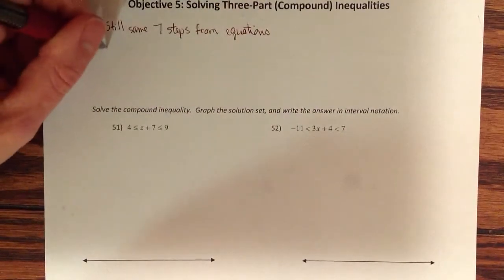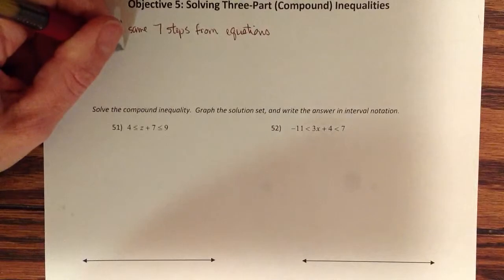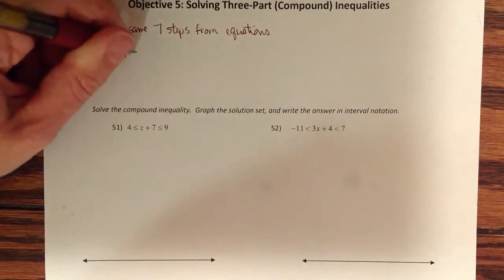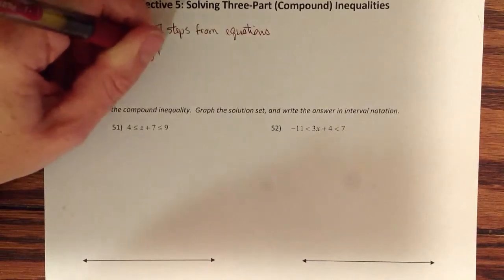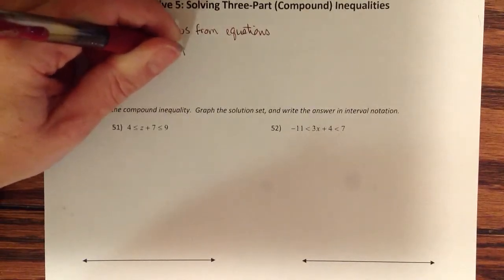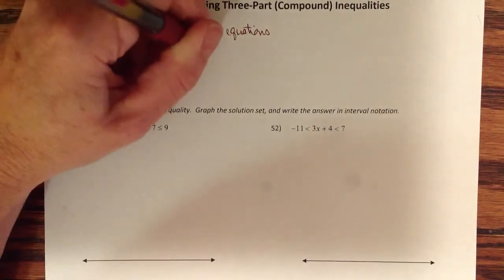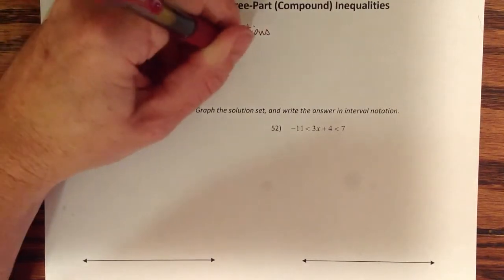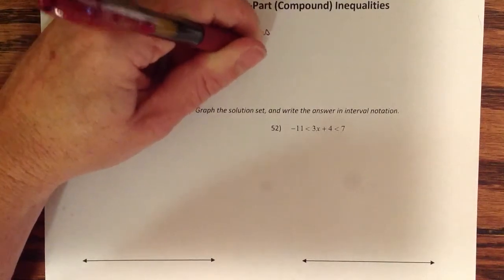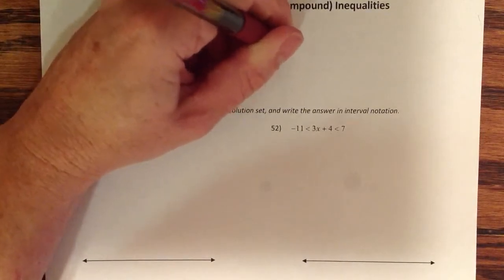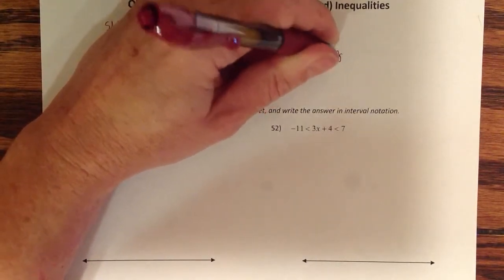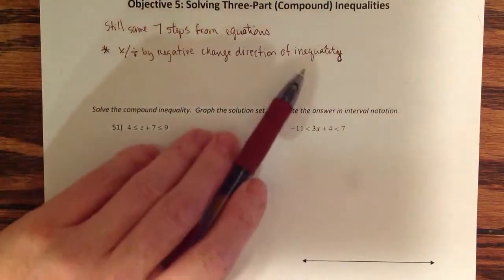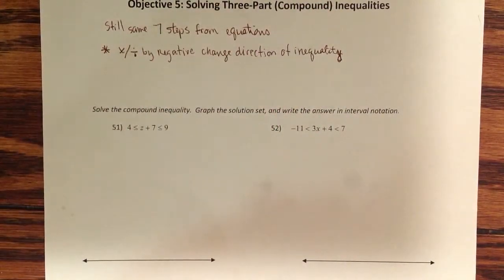The only 2 changes are, when multiplying or dividing by a negative, change the direction of the inequality, just like they did in a regular inequality. It'll change it in the compound inequality.